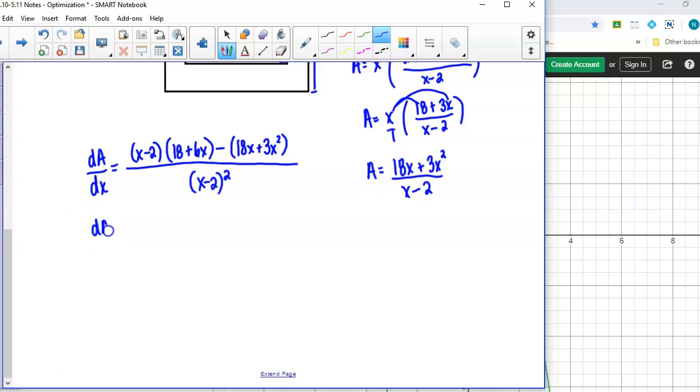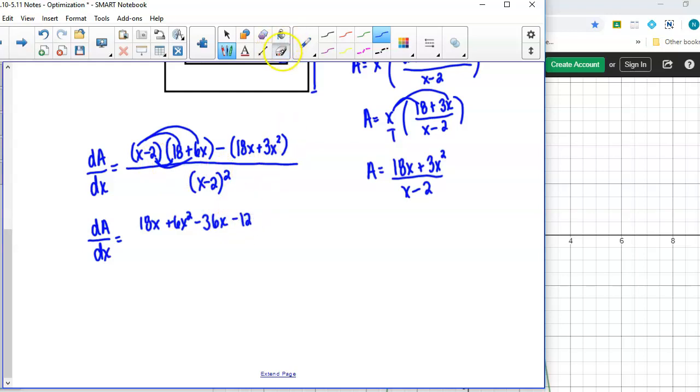And so our life will be a little bit easier if we simplify this. So here we'll get 18x plus 6x squared minus 36x minus 12.